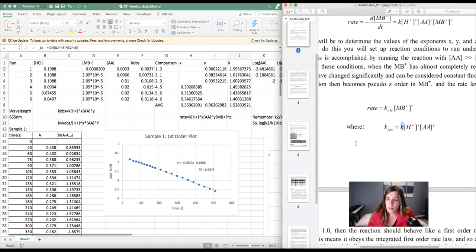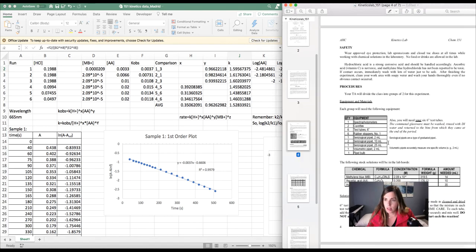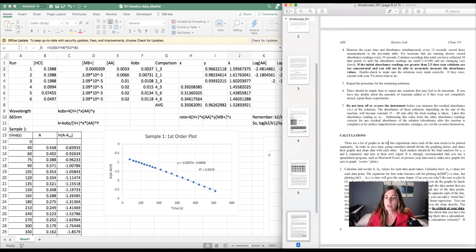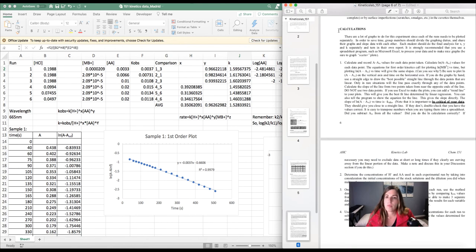Okay, so now that you're back, let's zoom out of here and let's go back down to the calculation section to make sure that we did everything that we were required to do. So, calculations part 1, we calculated all of our A minus A infinity values, which is over here. You did it for each of your 6 runs.